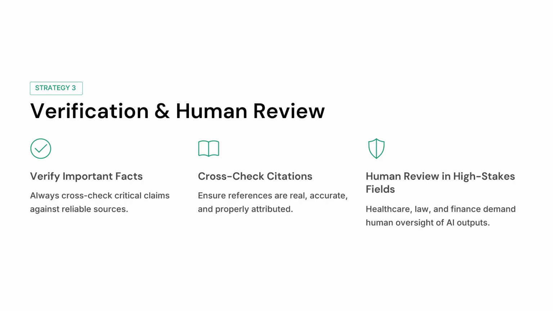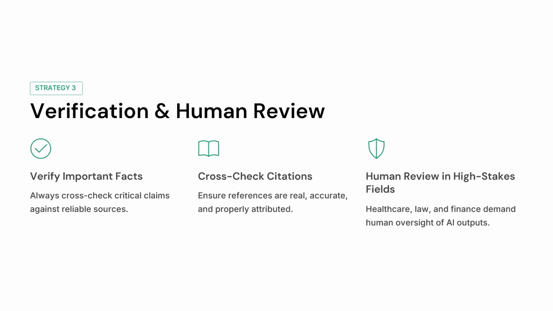Another technique is verification and keeping a human in the loop. You can't just blindly trust the response of an AI model. You always need to cross-check its critical claims using reliable sources, and for the citations it has stated, you need to actually check if they exist and are accurate.